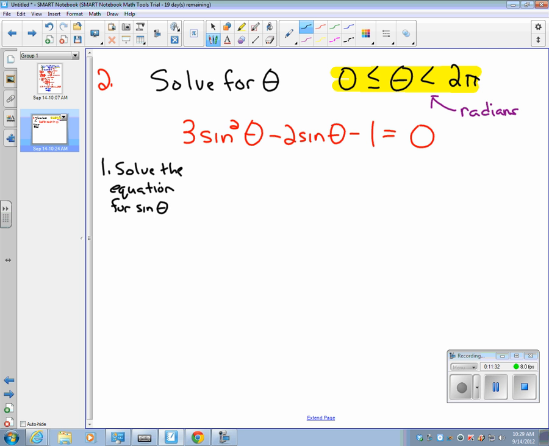It's really like solving, if you want to think of it in your mind, this equation: 3x squared minus 2x minus 1 equals 0. That's what you're trying to solve. Get the x by itself, right? Do you know how to solve these types of equations? More or less. You should. You told me the other day you did do quadratics. Yes, sir. Pretty much know how to do it.